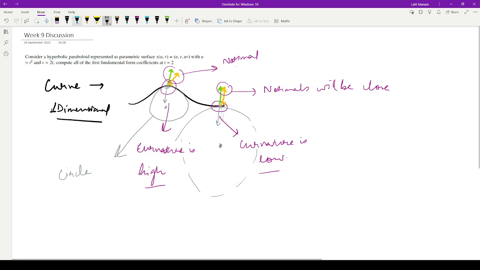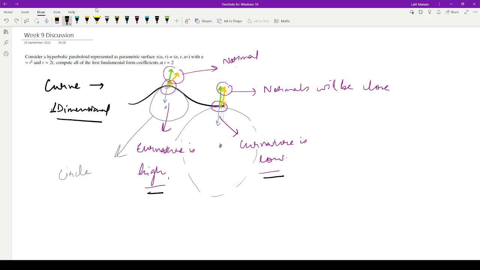Exactly, for the same point. Here the curvature is low, right? Yes, sir. Intuitively. Here the curvature is high, but as you see, if the curvature is high, the radius is low. If the curvature is low, the radius of the circle is high. So that means k, or rather kappa.